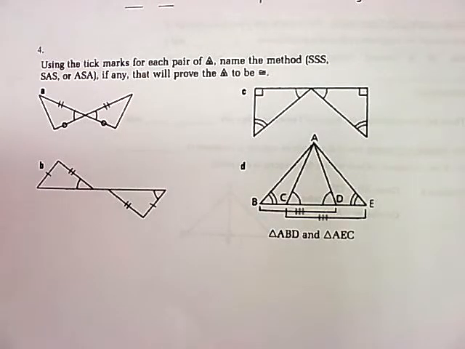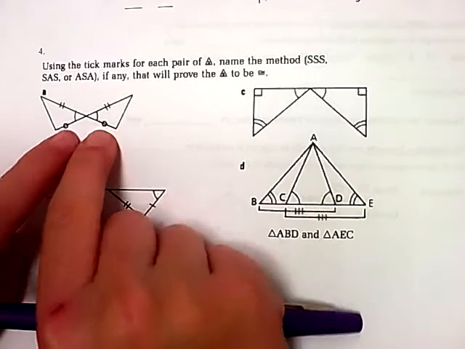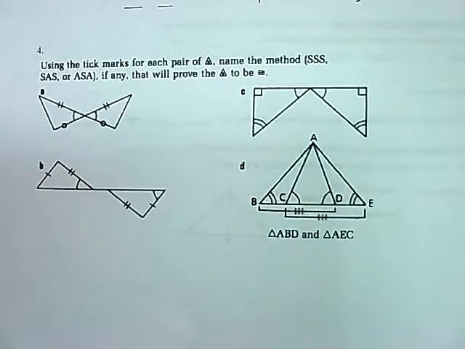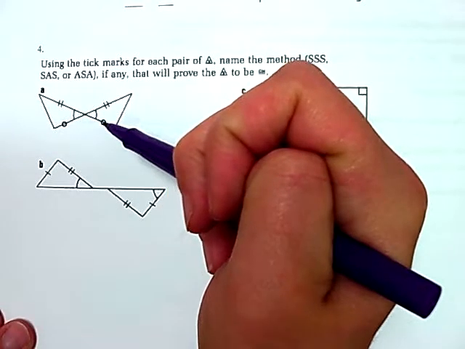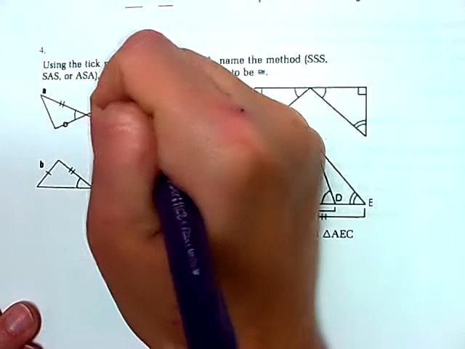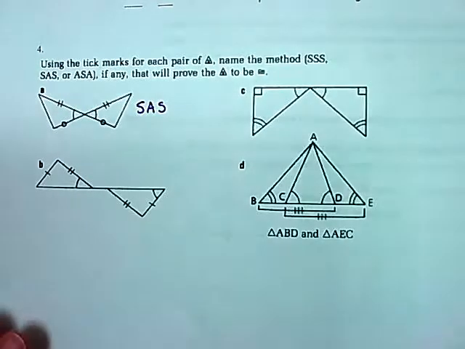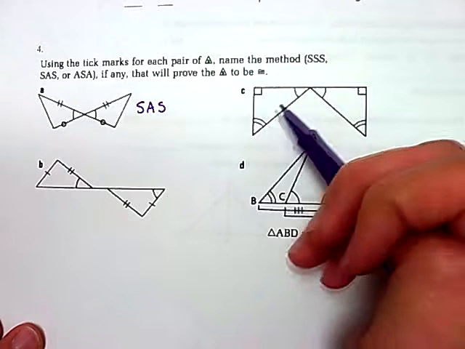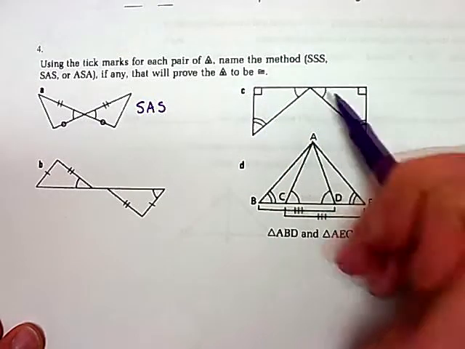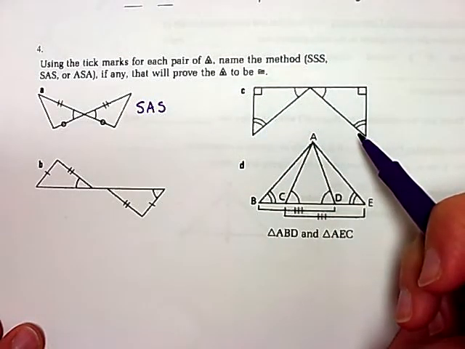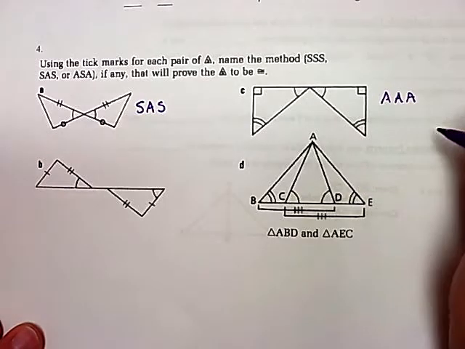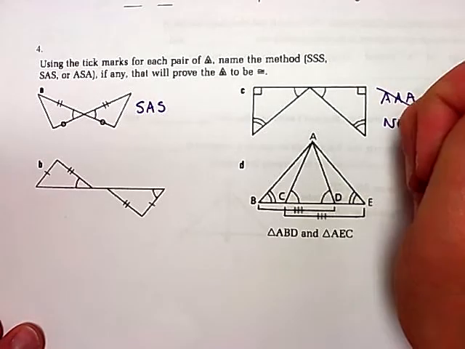So in the first one, I see I have sides, then an angle, then another pair of sides, right? And the angle is in between the two sides. So that would be side, angle, side. Over here, the only information I have is about these angles, right? And if I don't have any sides, this looks like angle, angle, angle, but that's not a method to show congruence, so I would say none.